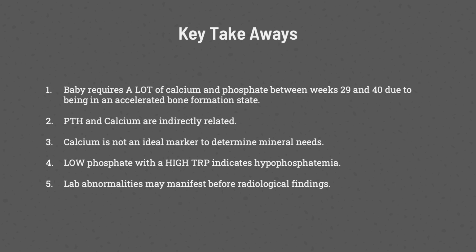Three, calcium is not an ideal marker to determine mineral needs. We went through that with the pathophysiology, but calcium can seem normal or even high, but a preterm baby might be pulling that calcium from its bone into the serum, making that level not accurate. Four, low phosphate with a high TRP, or tubular reabsorption of phosphate, indicates hypophosphatemia, or low phos.